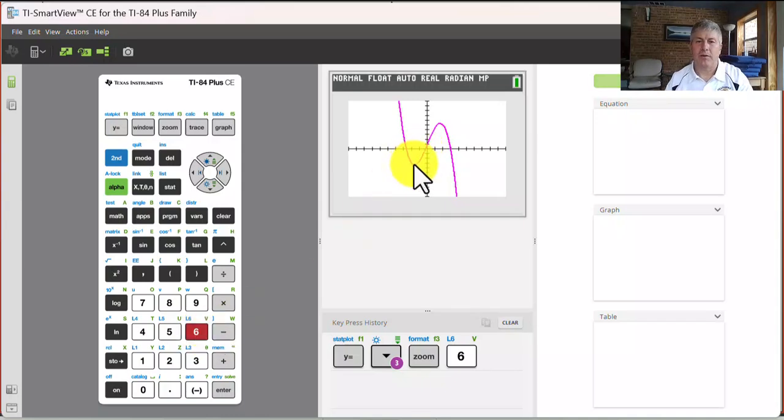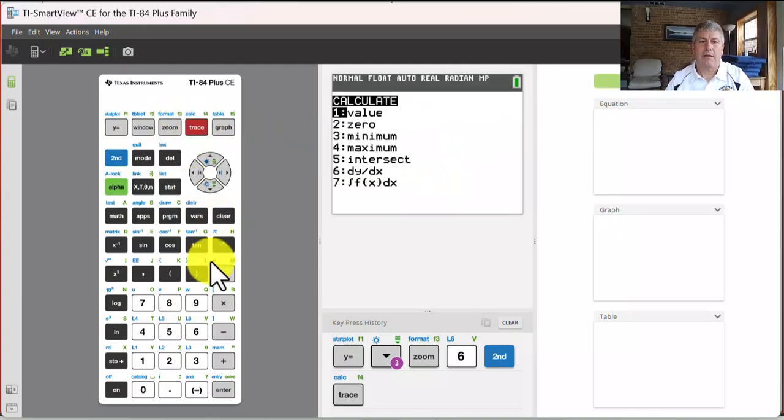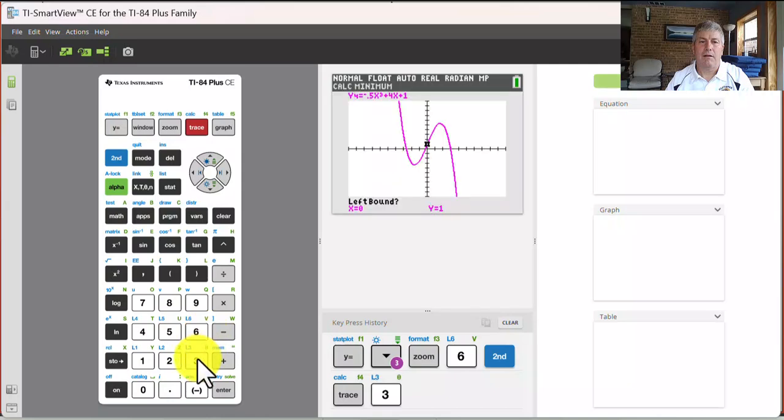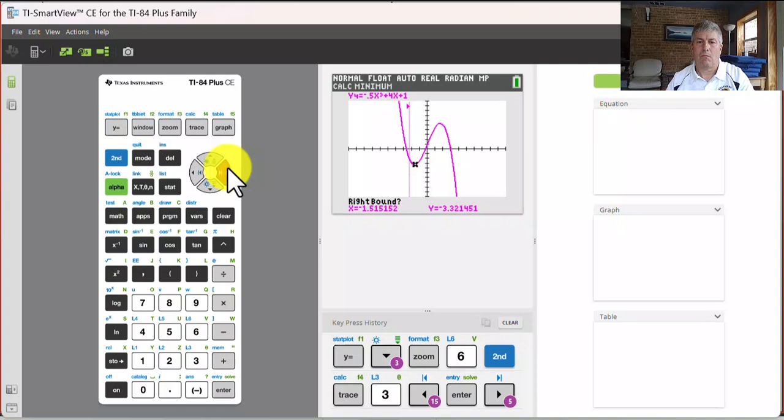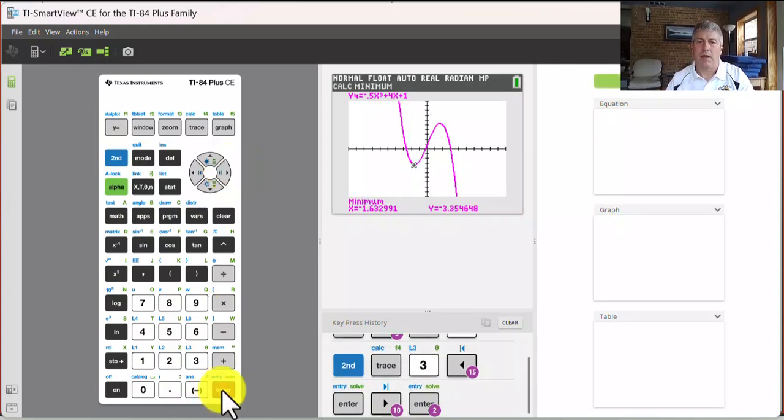We'll get our minimum point here, second calc. That's a relative minimum or a local minimum. Get our left-hand bound, our right-hand bound, and our minimum is negative 3.355.